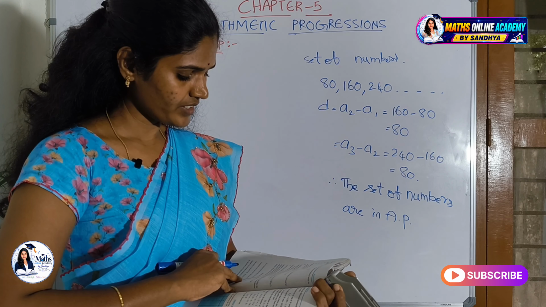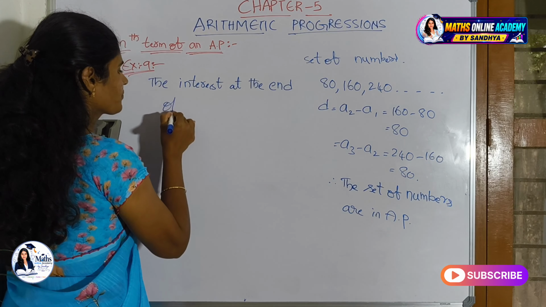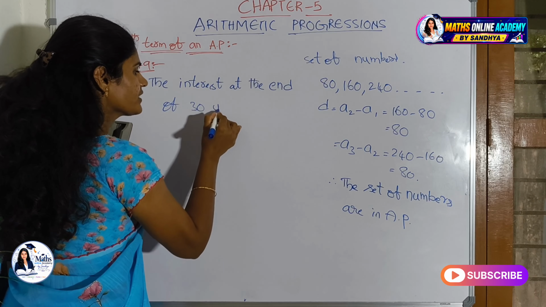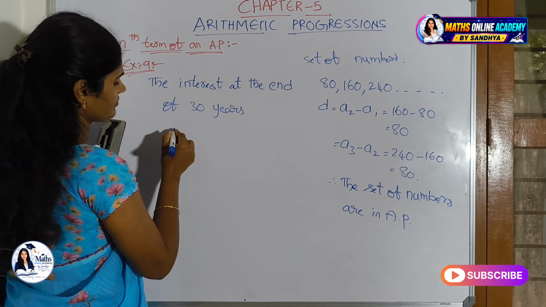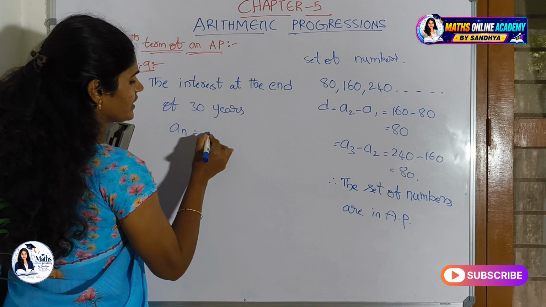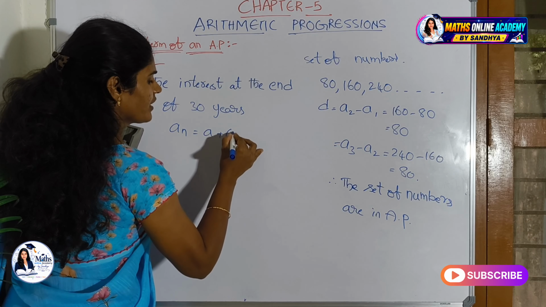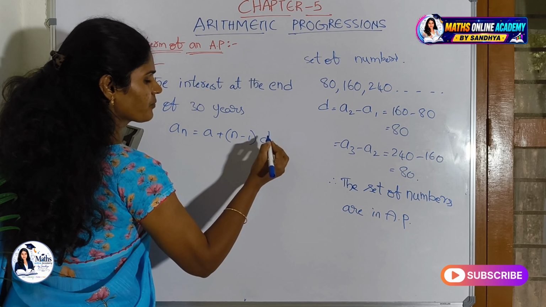So the interest at the end of 30 years equals an equals a plus n minus 1 into d.